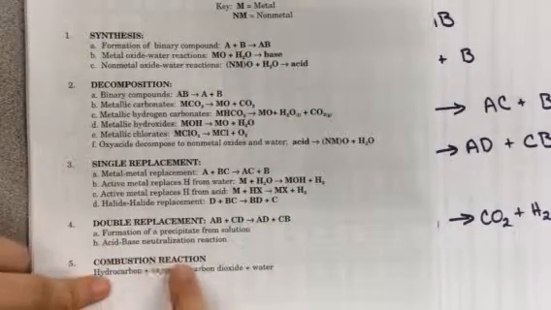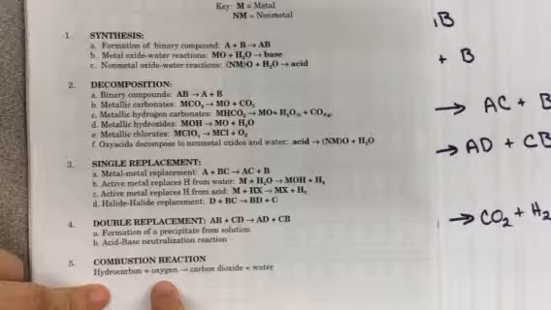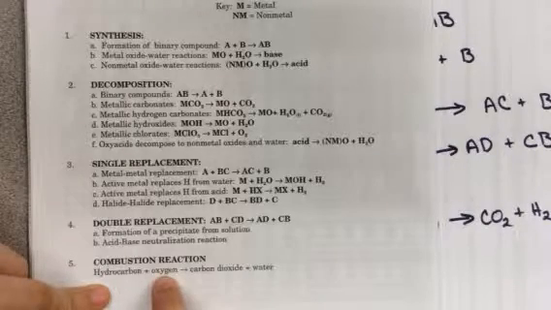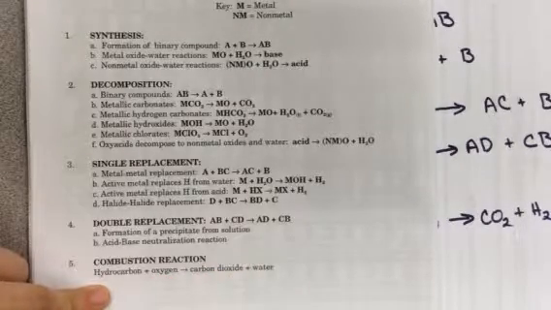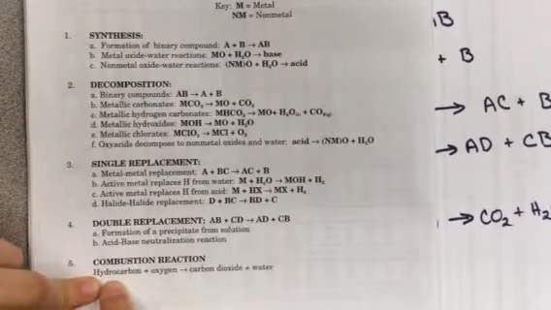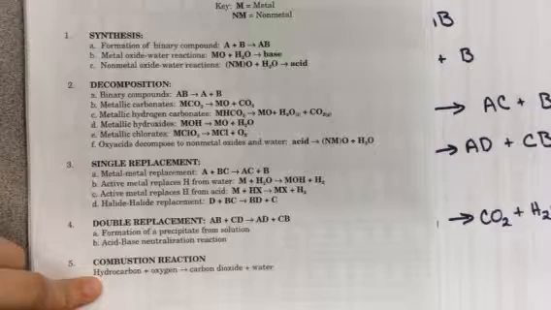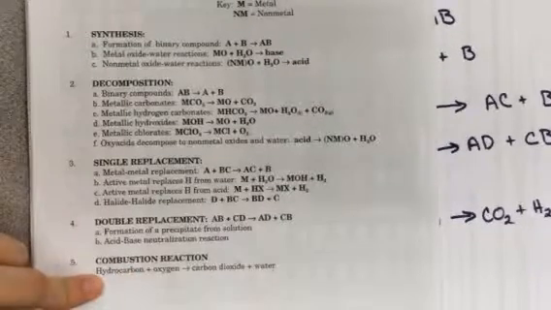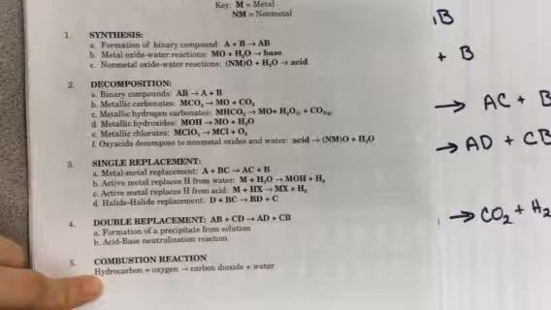And again, with combustion reaction, it's always going to be combining with oxygen, producing carbon dioxide and water. Here it says it's always a hydrocarbon, meaning hydrogens and carbons. However, you'll see some additional examples, if we have time to get to them, of things that are not just hydrocarbons, but also undergoing combustion reactions and producing some additional products.